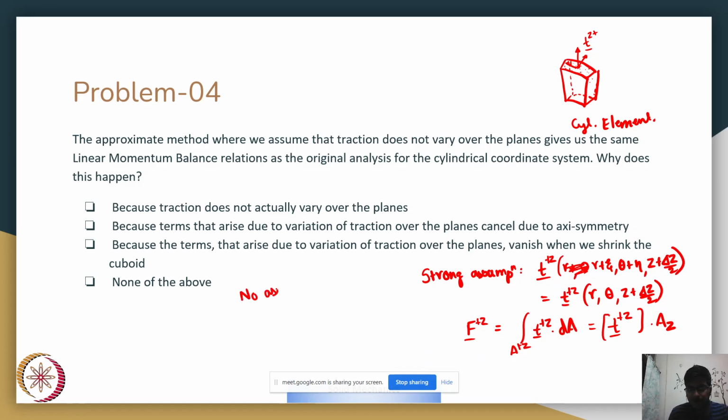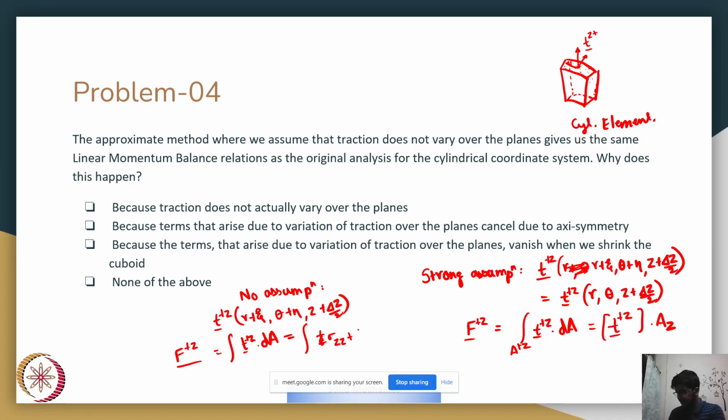If we choose the case of no assumption, then your traction on the plus z face is the traction at r plus epsilon, theta plus eta, z plus delta z by 2, and your Fz becomes the integral of T of plus z dA, which is nothing but sigma zz plus, it's a very complicated expression, epsilon times dou sigma zz by dou r plus dou sigma zz by dou theta times eta, times Ez, plus some terms for E theta and another set of terms for Er.